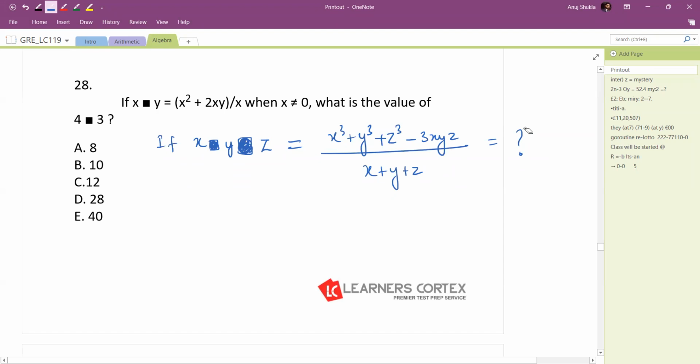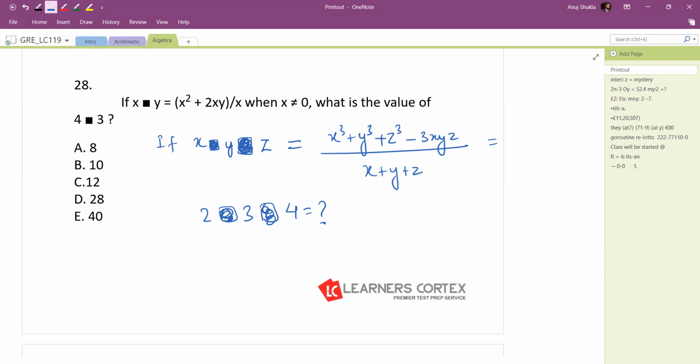What is the value of, sorry, what is the value of 2, 3, and 4? 26.